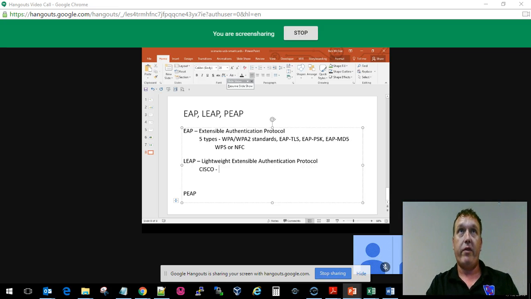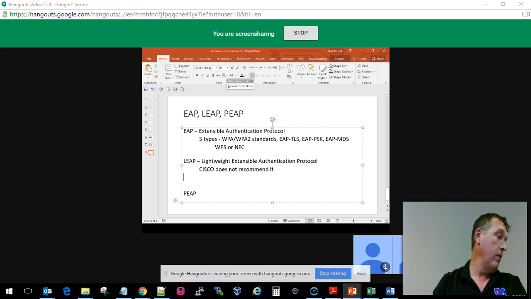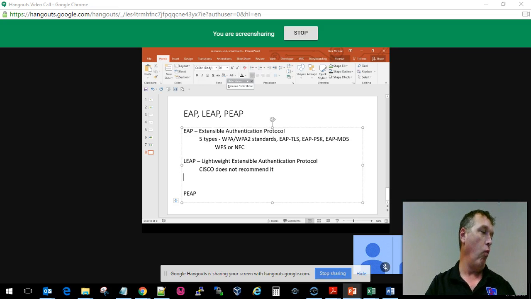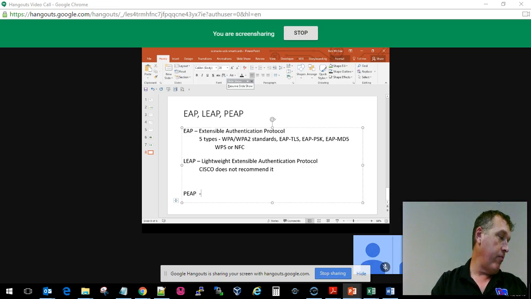Usually Cisco now does not recommend it because it is susceptible and it's considered a weak EAP authentication protocol. So now a lot of times what we'll see is this PEAP down here.